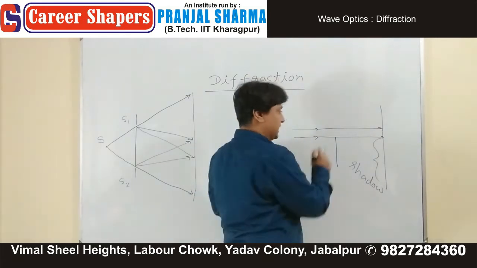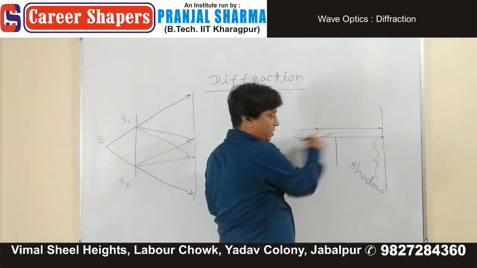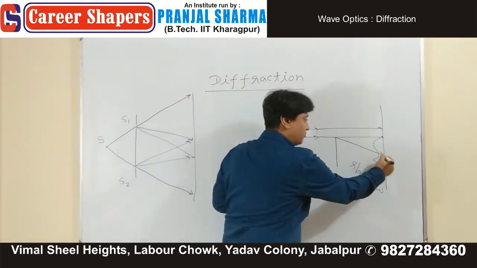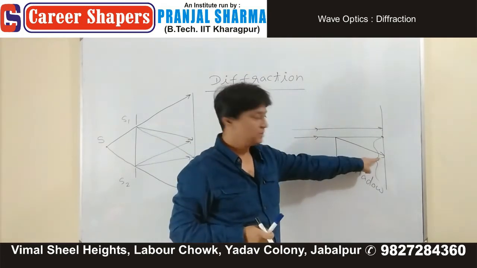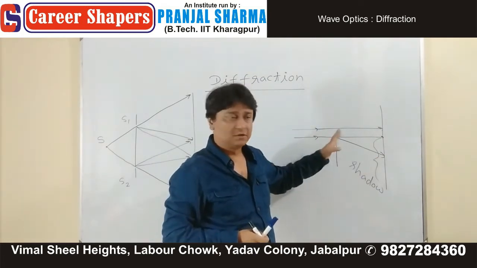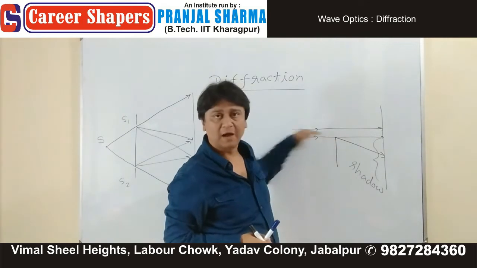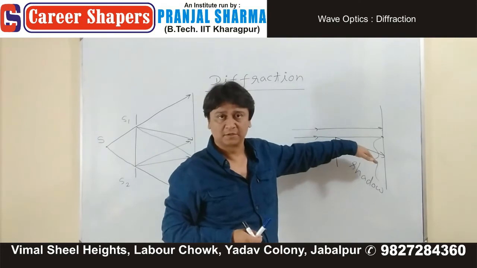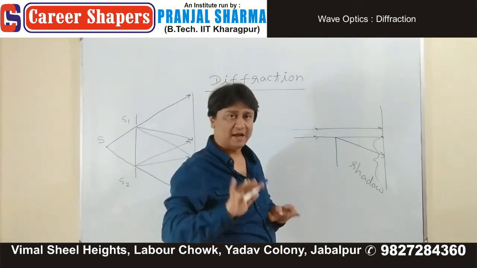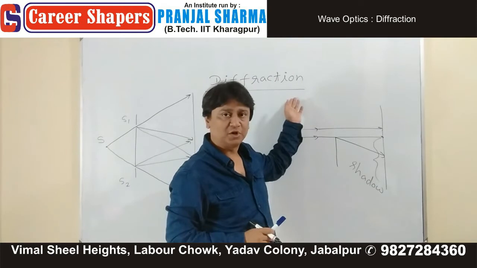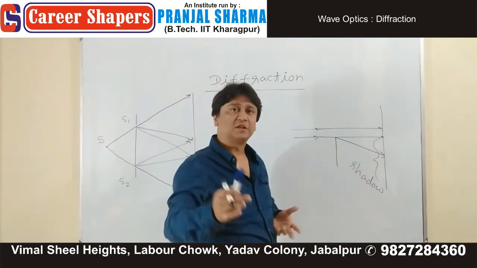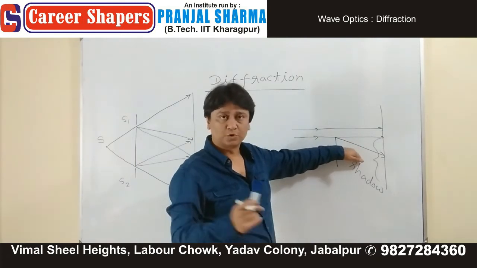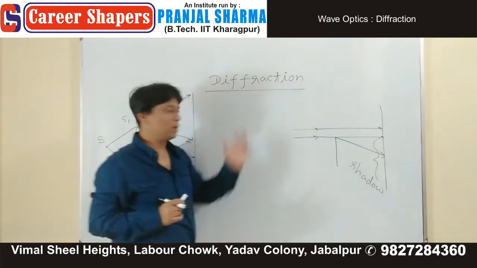That means instead of moving in a straight line path according to rectilinear propagation, these light rays bend at the corner, at a very sharp corner. Why the bending takes place, we'll understand once we discuss diffraction. What the bending is basically, this is nothing but Huygens principle. So this bending process is called what? Diffraction.